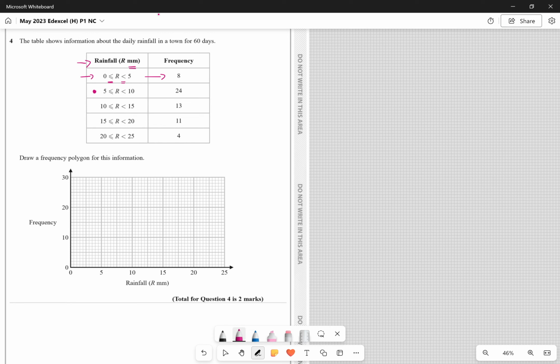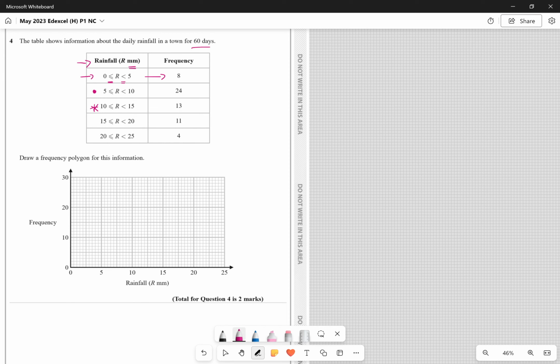Days with 5 millimeters of rain would be included in the second interval class, just as days with rainfall of 10 millimeters would be included in this class here. So that's something to think about. It may be useful in this question, it may not be, but it's good to notice these things.